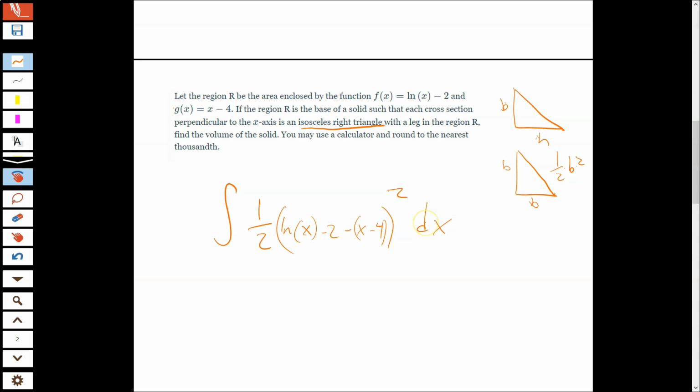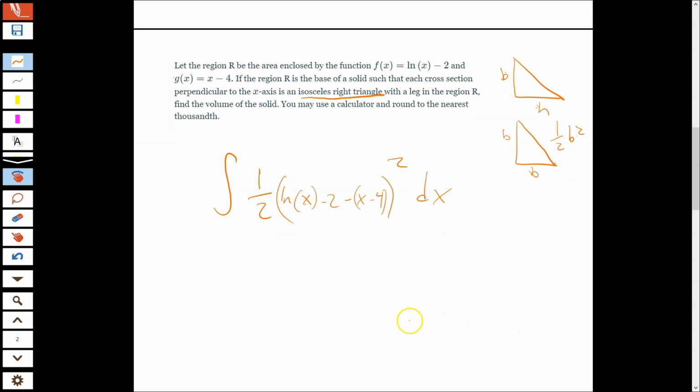Okay. And now, the bounds here are ugly, right? They're ugly because it's a natural log function.